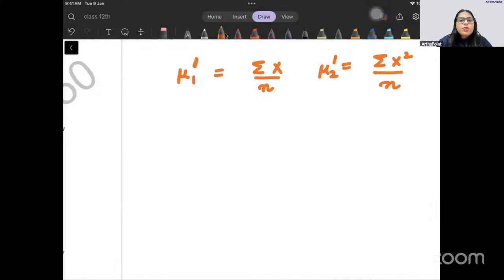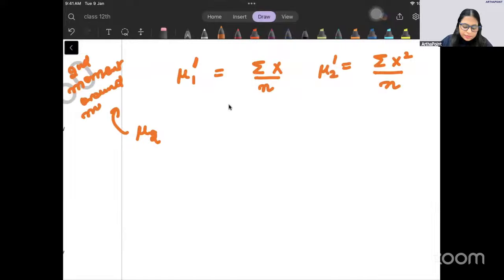Right? Now, when we have to find the moment around mean, suppose mu2 represents the second moment around mean.